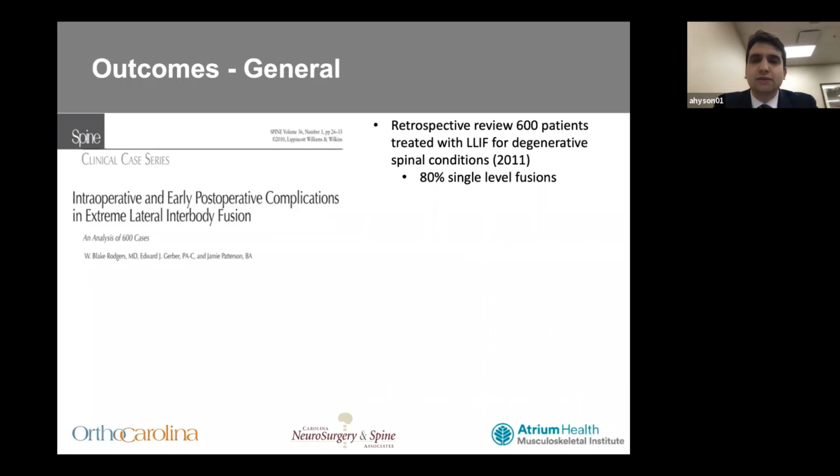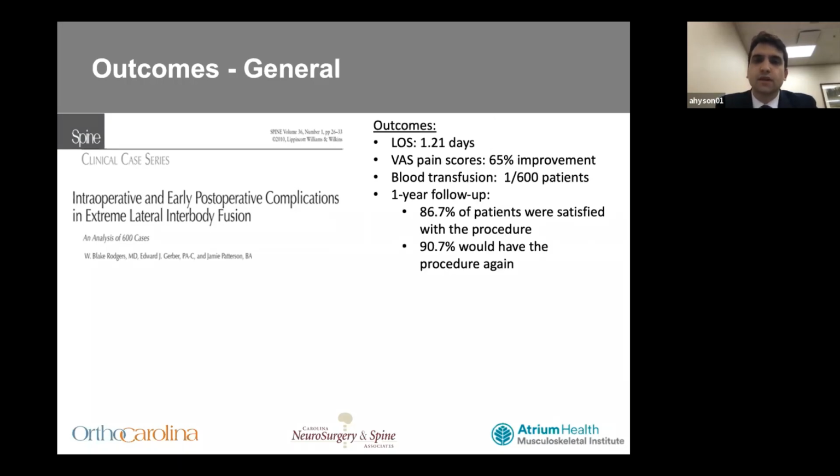Another more standardized retrospective review of 600 patients undergoing LLIF for degenerative spinal canal conditions, performed in 2011 by Rodgers, with 80% of patients receiving single-level fusions. Outcomes revealed a length of stay on average 1.21 days, a VAS pain score improvement of 65%, and a blood transfusion rate of only 1 out of 600 patients.